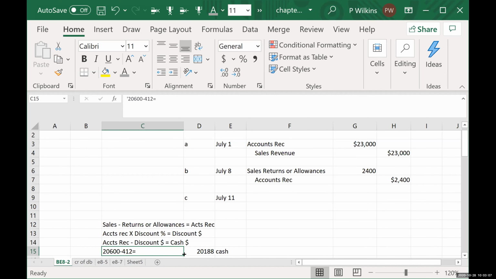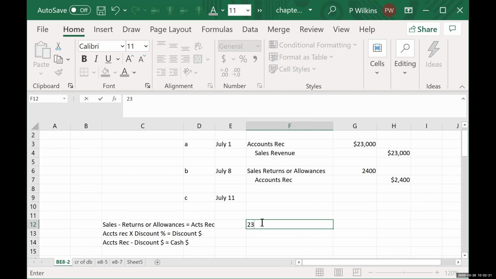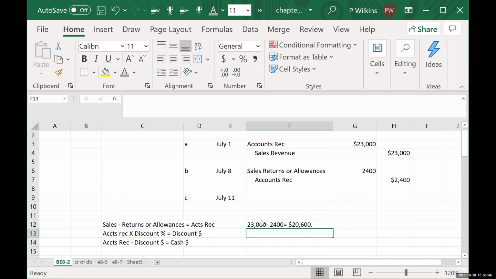So for this problem, the sales was $23,000, minus any returns or allowances. The returns or allowances was $2,400, right? So that's going to give us an accounts receivable number of $20,600. And that is our accounts receivable number.